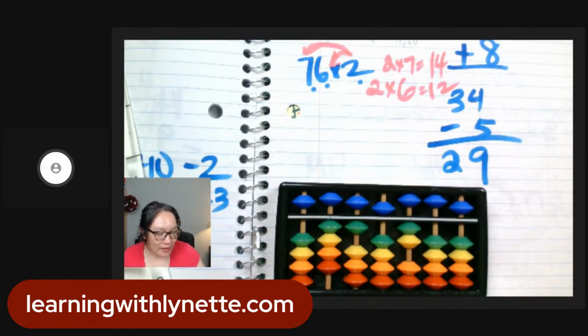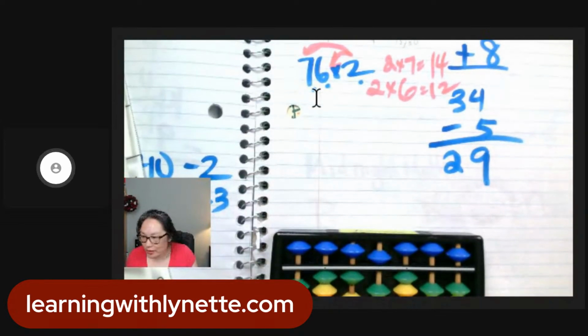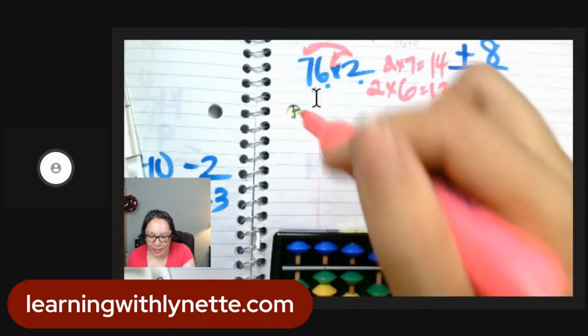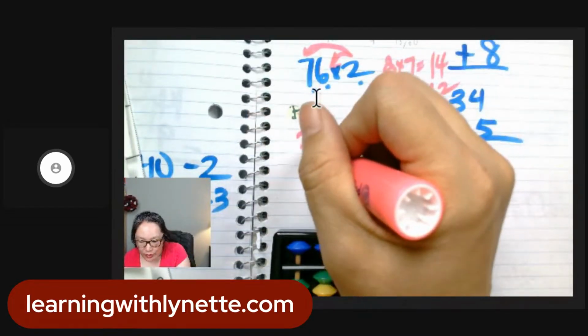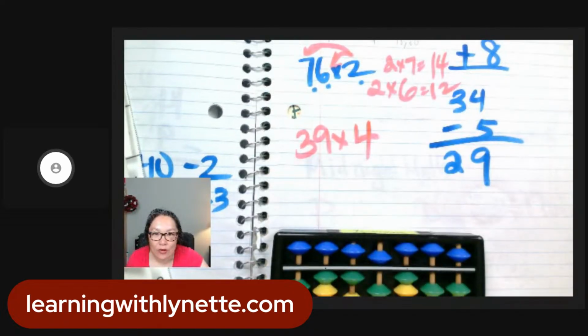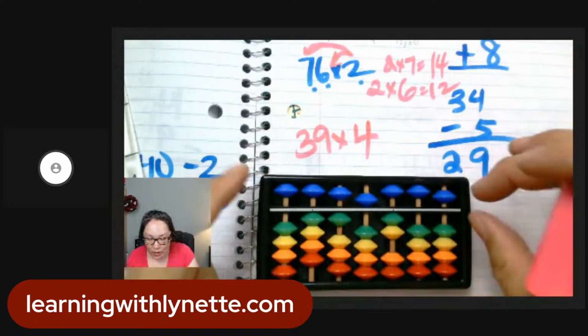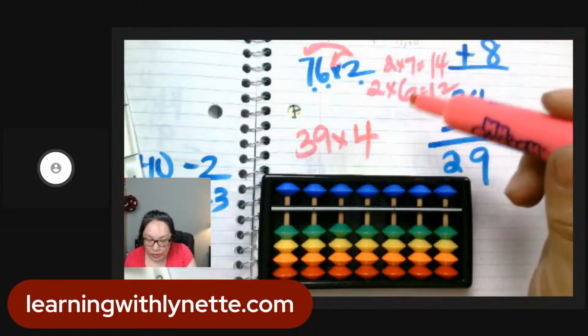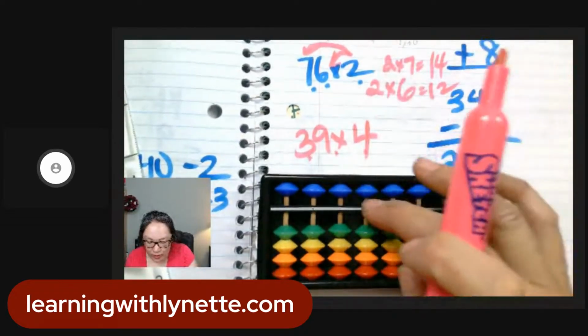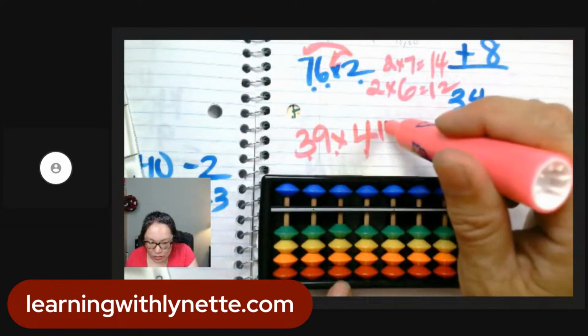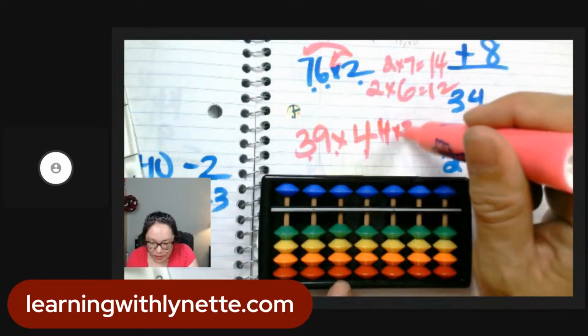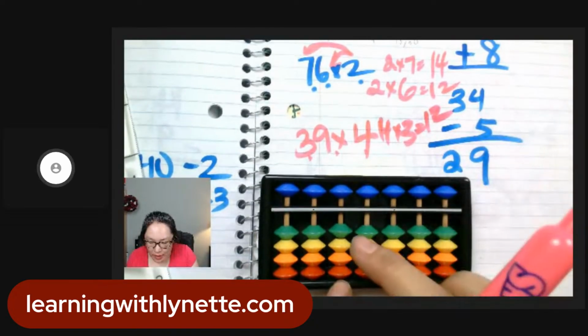You know what? Next time, we can do another one. Let's do another one. We can do 39 times up by 4. If we do 39 times 4, again, what are we going to do? We're going to count our digits. 1, 2, 3. We know 4 times 3 is equal to 12. I add my 1.